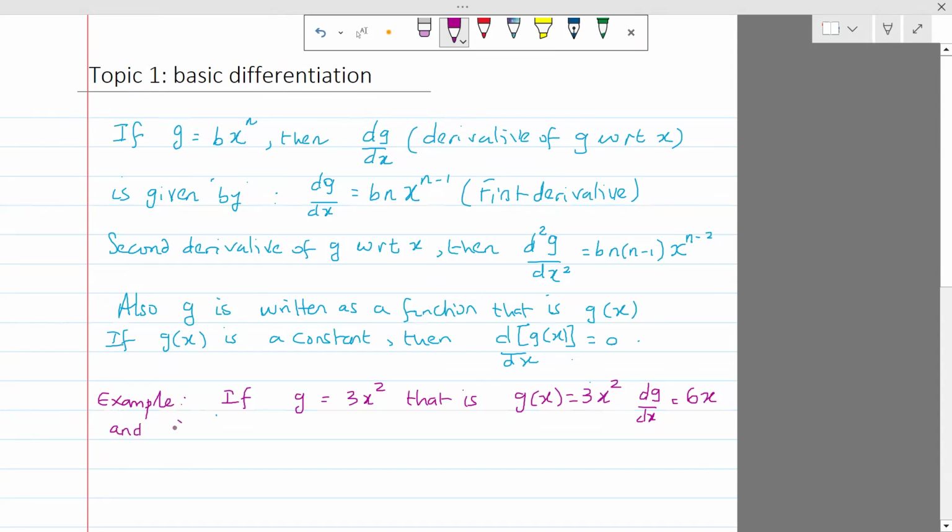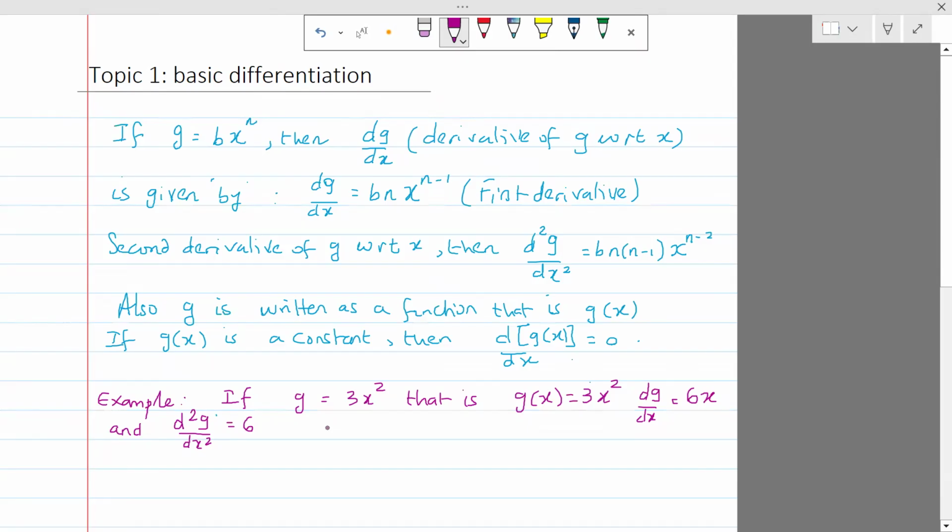And what happens to the second derivative of this dg by dx? I look at this 6x. I have a 1 here, which I will bring in the front. It becomes 6 times 1, which is 6. And x power 1 minus 1 is 0.